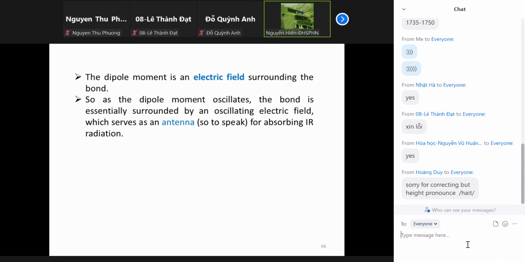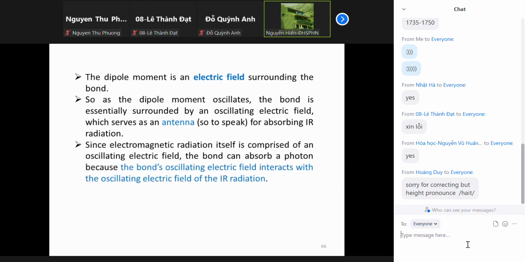This electric field serves as an antenna for absorbing infrared radiation. And if you remember, electromagnetic radiation itself is comprised of an oscillating electric field. So the bond can absorb photons because the bond's oscillating electric field interacts with the oscillating electric field of the infrared radiation.